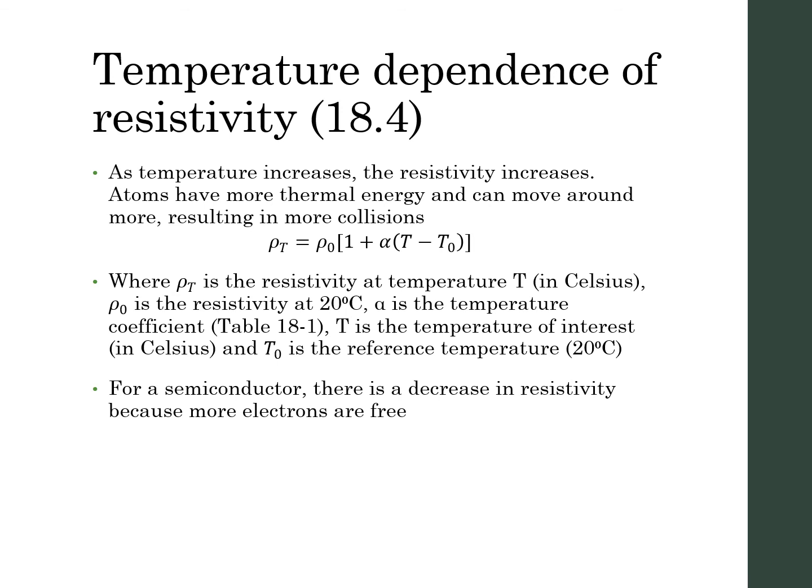This has to do with the fact that a semiconductor can change between an insulator and a conductor based on a couple of different criteria, and one of those criteria is temperature. So as the temperature increases, it actually gains more electrons that are able to move around freely.